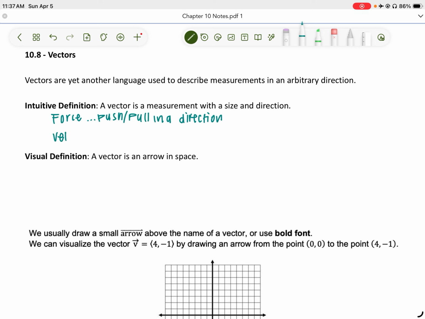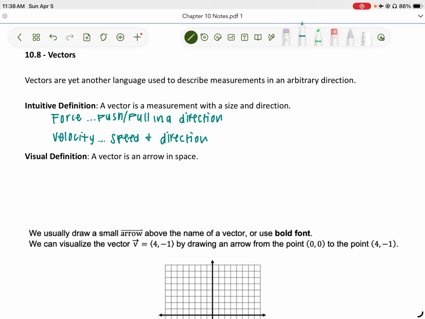And with velocity, you have speed and direction. So think about those things when you're thinking about what a vector really is.